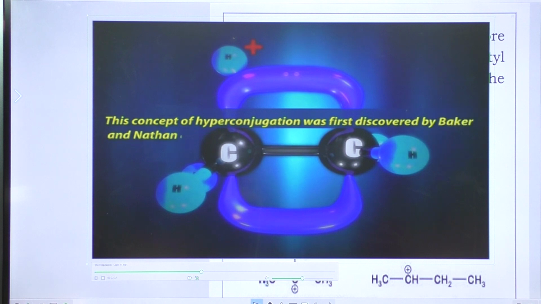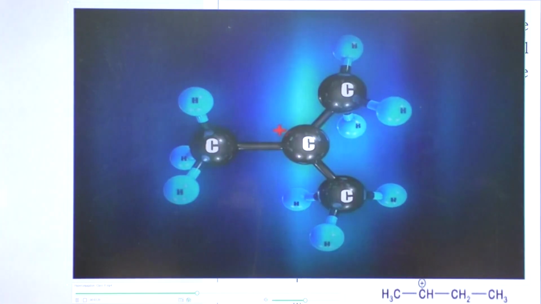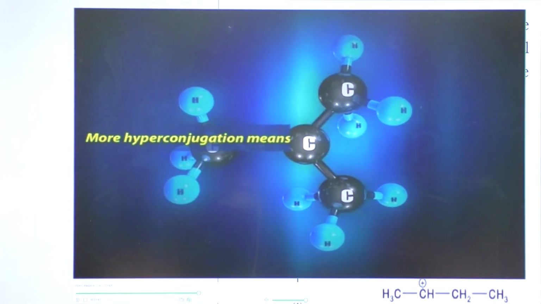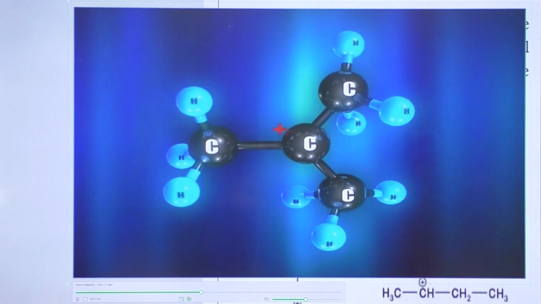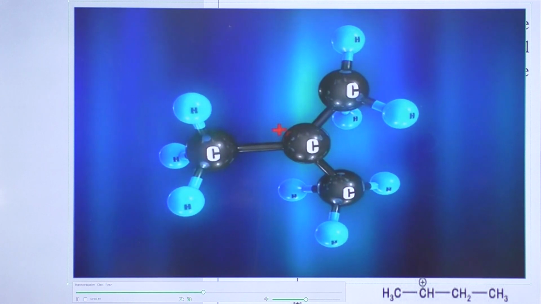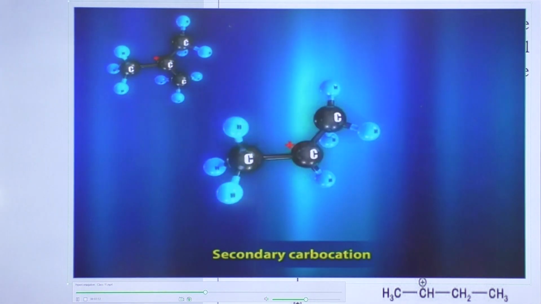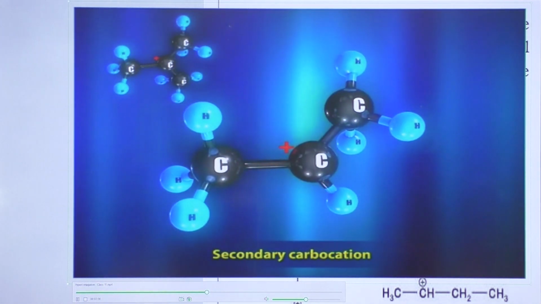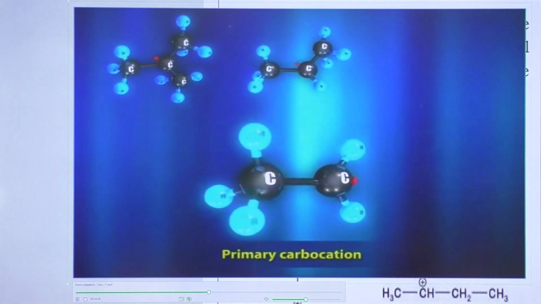This concept is also known as the Baker-Nathan effect. No hyperconjugation means no stability of the carbocation. Hence, tertiary carbocations are more stable than secondary carbocations, which in turn are more stable than primary carbocations.